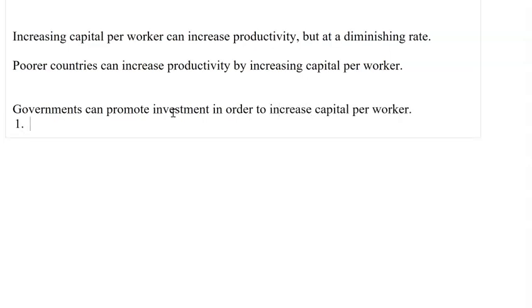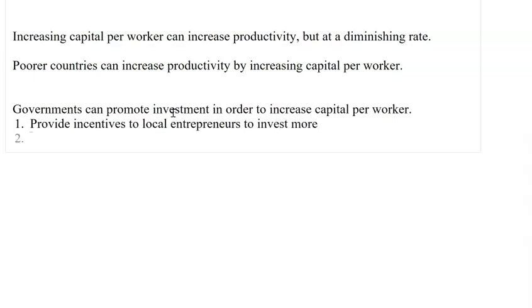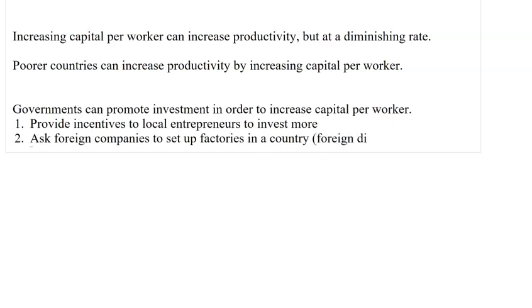One way government can do that is to provide incentives to local entrepreneurs to invest more, or government can ask foreign companies to set up factories in a country. This is what we call foreign direct investment, or FDI.